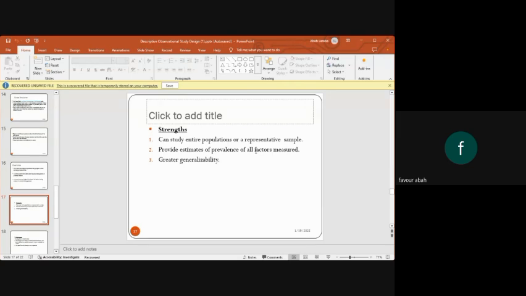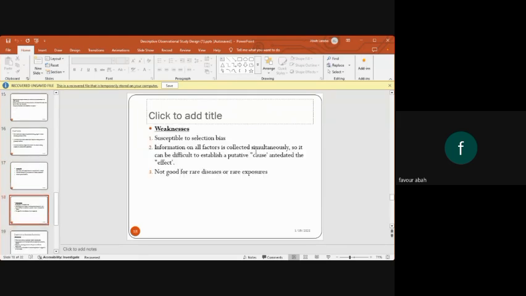Then it has greater generalizability, unlike your case report and case series, because in this case, you are either doing the entire population or you have calculated a sample size that you can generalize to the entire population.